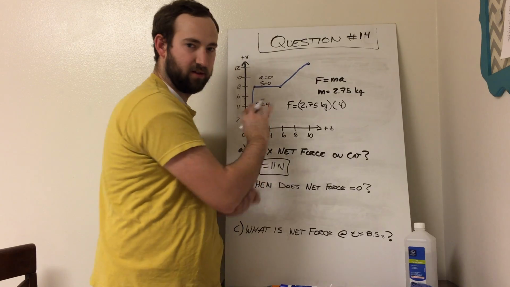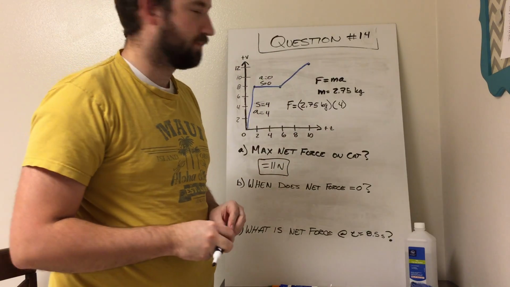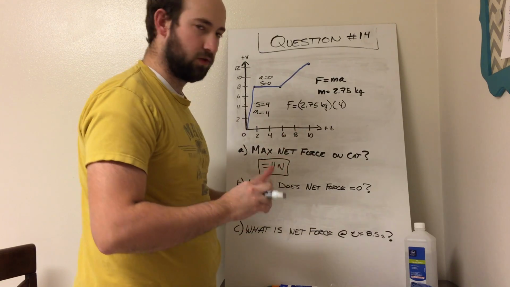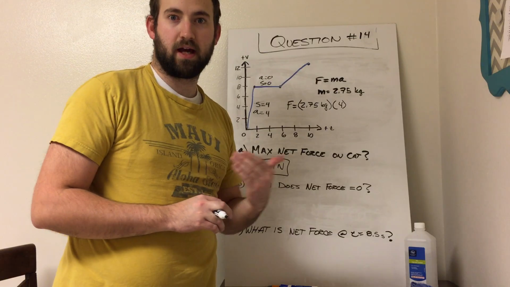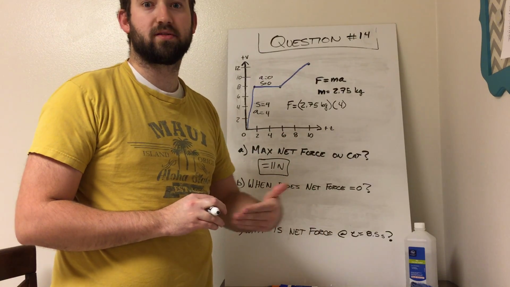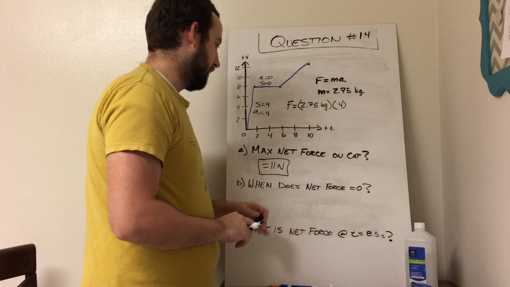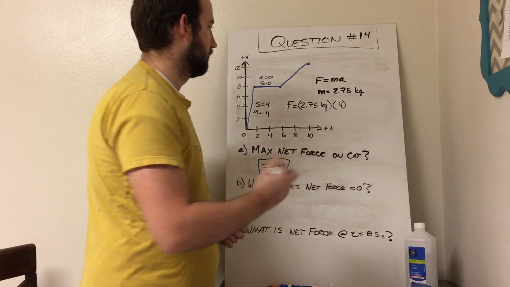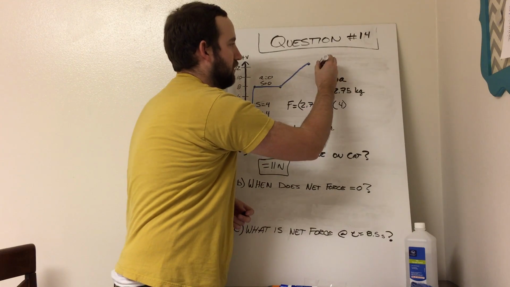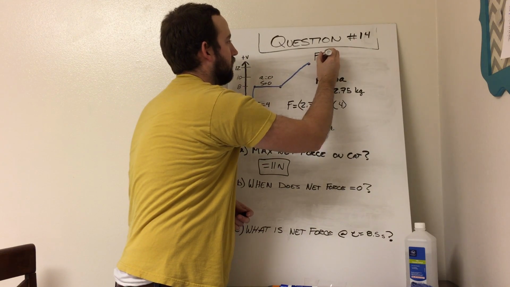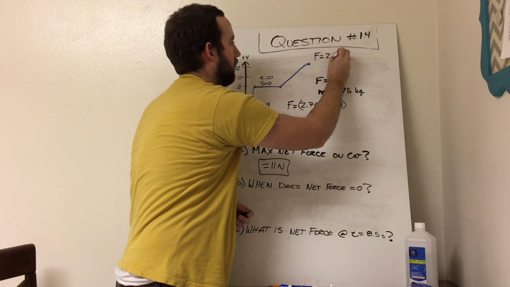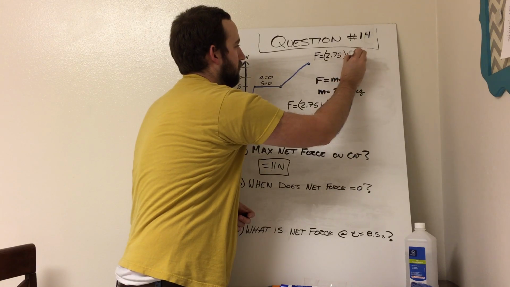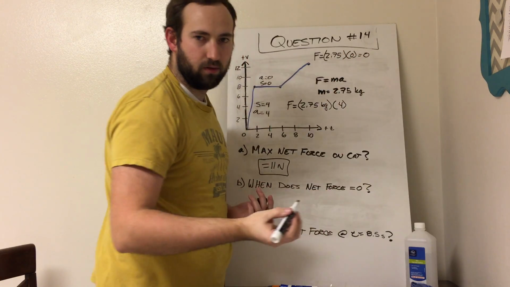I'll just put that there to remind you guys. From 2 to 6 seconds, the cat is not accelerating. It has a constant velocity. That means the net force is going to be 0, because if we plug it in just to see, F equals 2.75 times 0 equals 0.